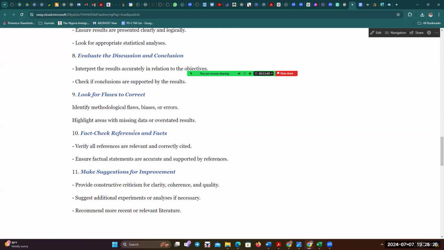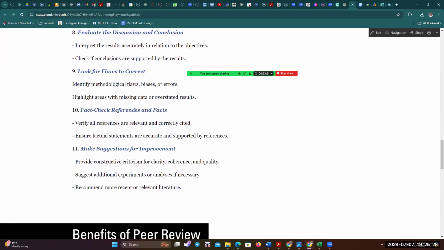Then you look for flaws to correct, identify methodological flaws, biases, errors, highlight missing data. There's this thing that we often come across in research: inconclusive data or missing data, overstated results, sample sizes that are either over the projected sample size or under the projected sample sizes, and so on and so forth. So point those things out if there is any.